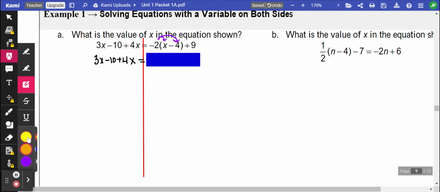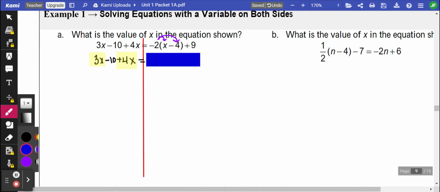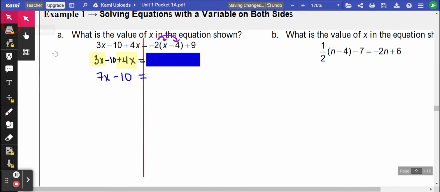So notice I have like terms here. I have a 3x and a +4x. If I combine those together, 3 and 4 give me 7x. Since there's nothing to combine with that 10, we're just going to bring the -10 down. So that's simplifying the left side.